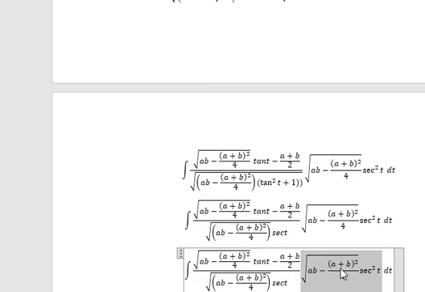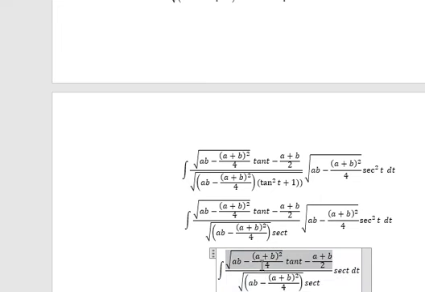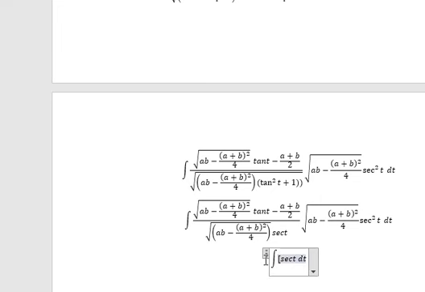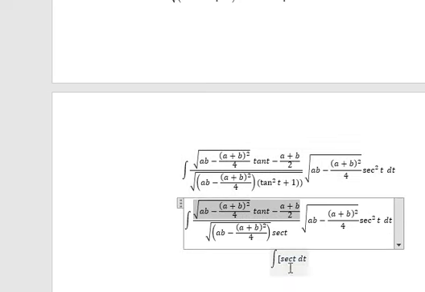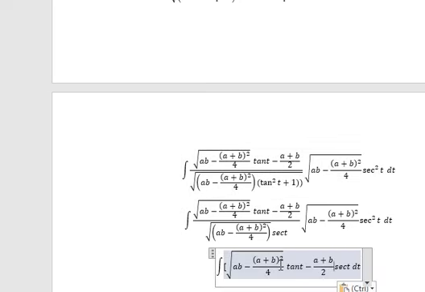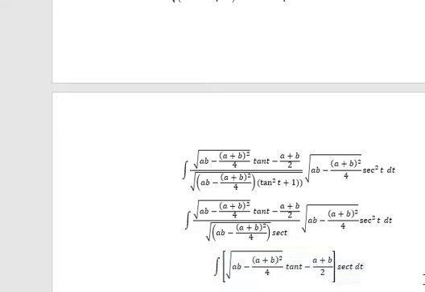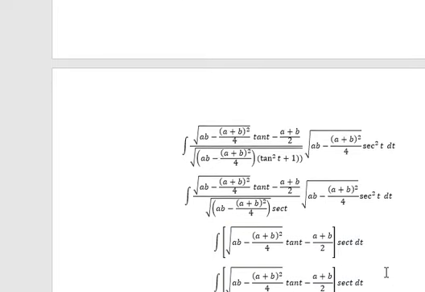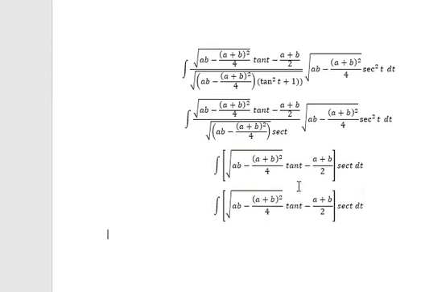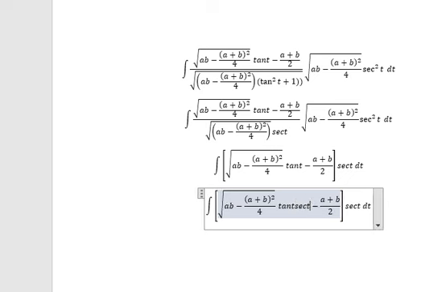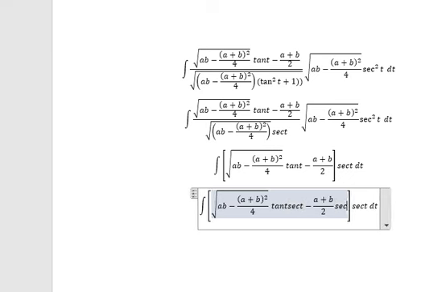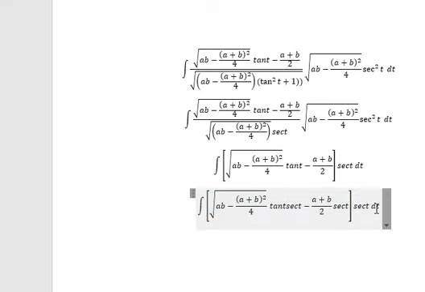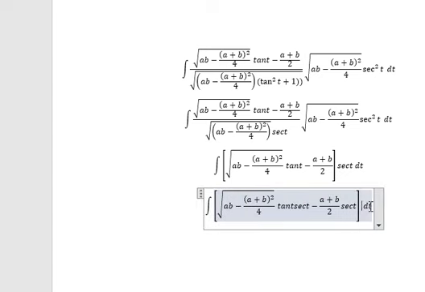So we have secant t. So secant t, we put this one here and here. So the integration of this one, you get secant t.